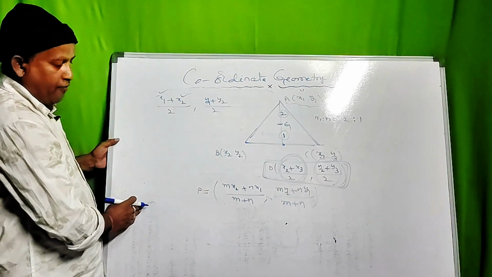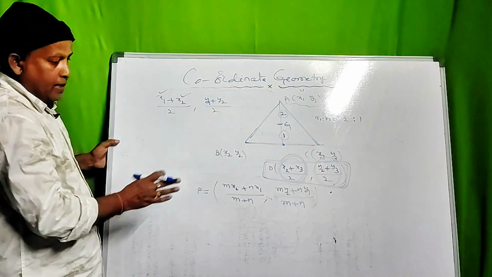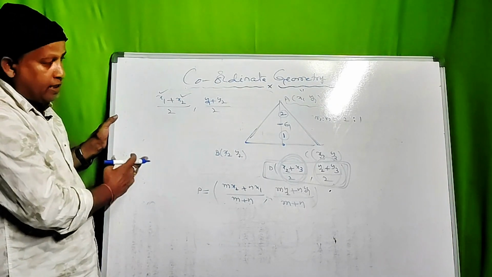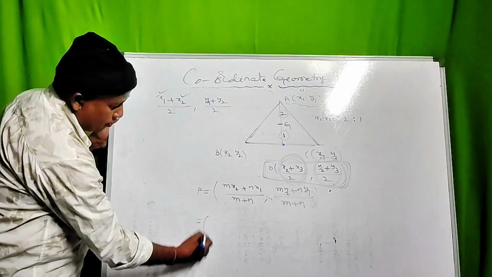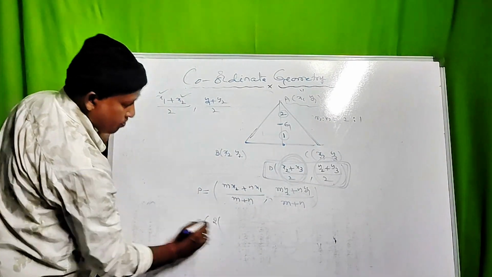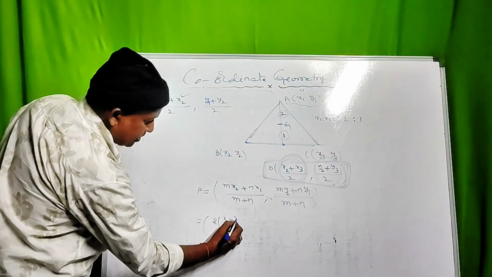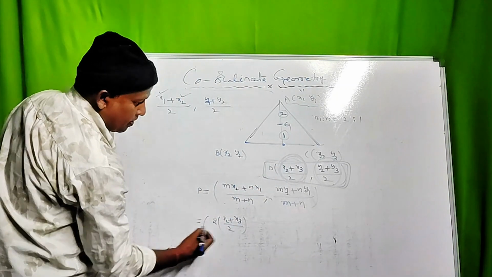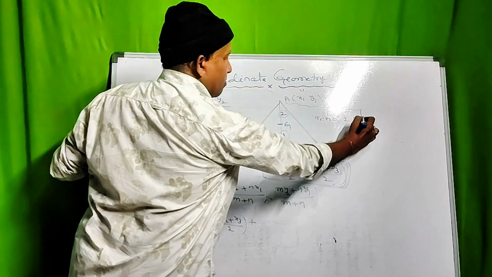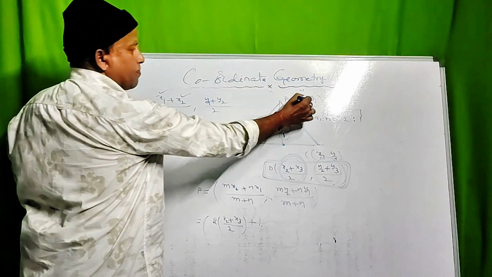So please apply the formula. Wherever the values are there, just replace them. You will get the formula. Never learn the formulas by heart. Try to derive this one. m means what? The m value is how much? 2. x2 means (x2 plus x3) by 2, plus n x1. n means how much? 1. 1 into x1.